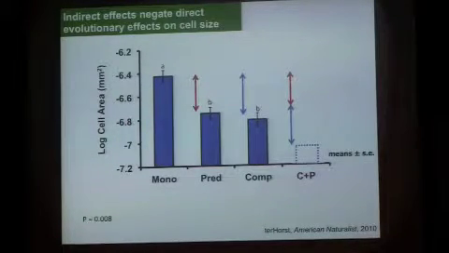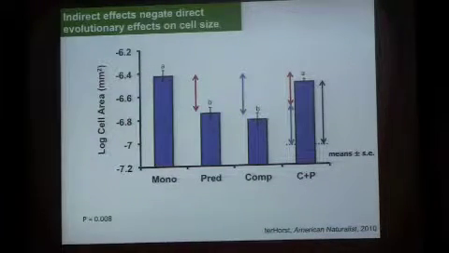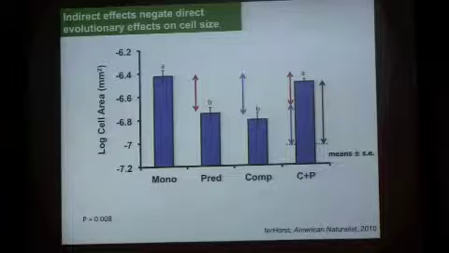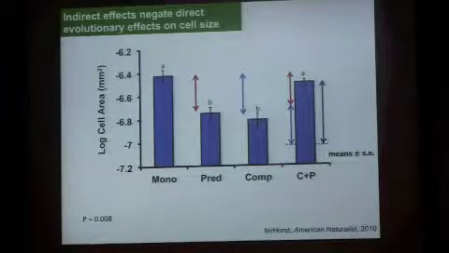And instead, it's not what we see. We see cells that evolved with competitors and predators have the exact same cell size as those that evolved in monoculture. And it's because of this really strong indirect effect. So something's going on, that those predators and competitors are interacting with each other in some way that causes an indirect effect and changes how that population evolves.